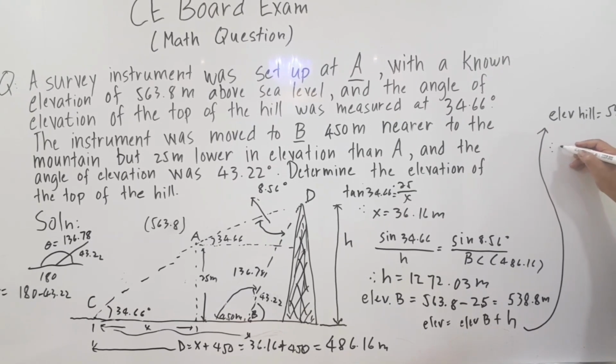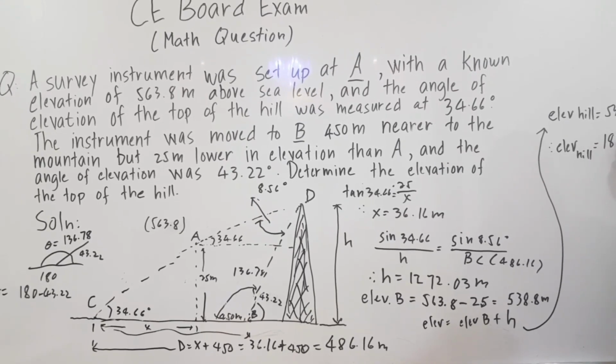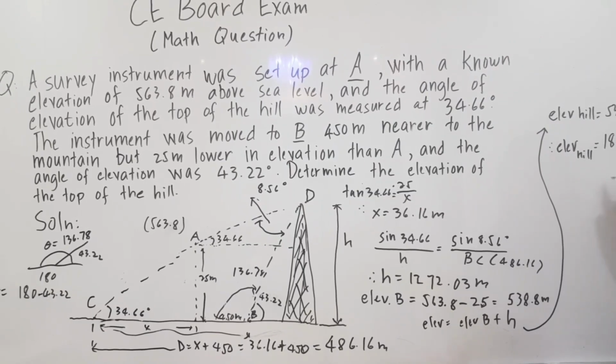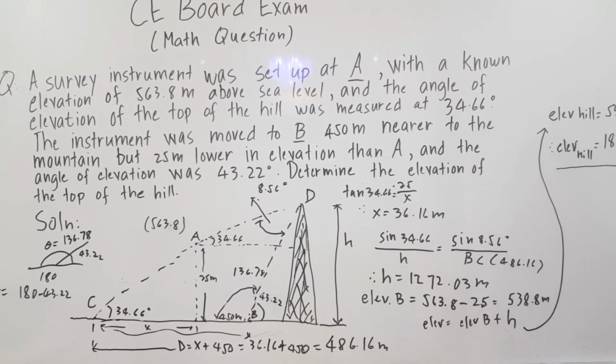Therefore, the elevation of the hill is equal to 1810.83 meters. This is the one we are looking for.